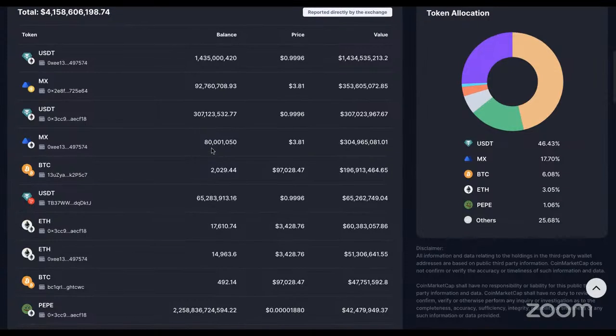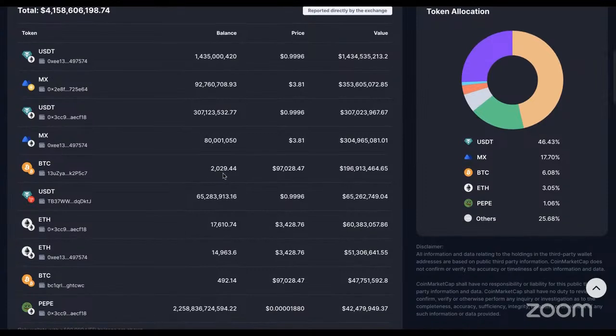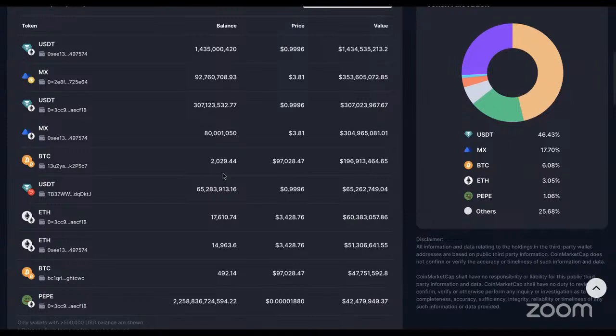They have MX again, this MX is on Binance, this MX is on BNB chain. And then they have Bitcoin, 2,209 Bitcoin, you know, it's crazy.